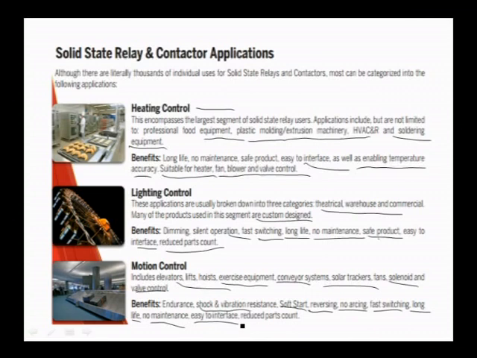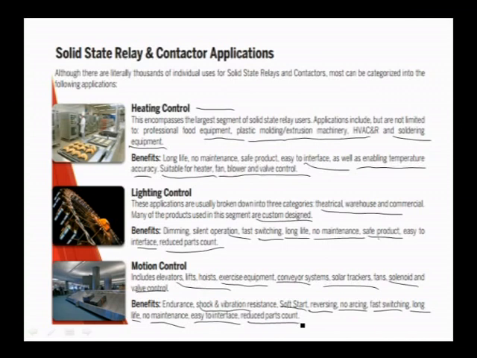Another important thing is that it is very easy to interface with digital equipment, microcontrollers, microprocessors and logic devices, because we can mount the relays the way we like. Also reduced parts count. These are the various applications of solid state relays, and you can relate them all to daily life.